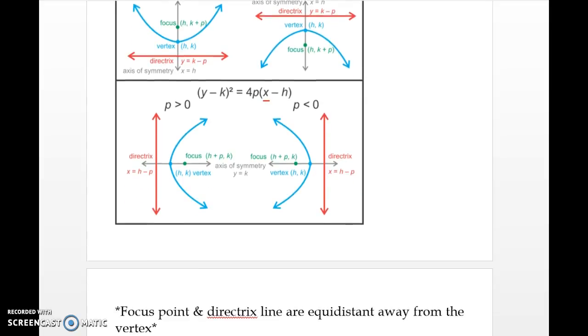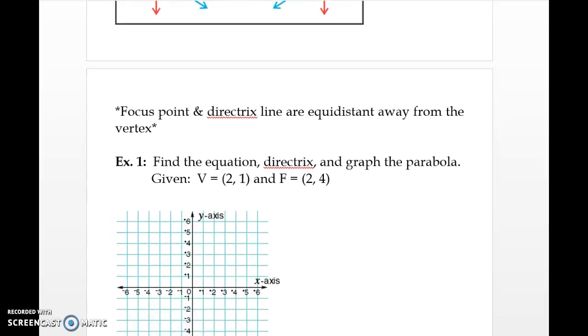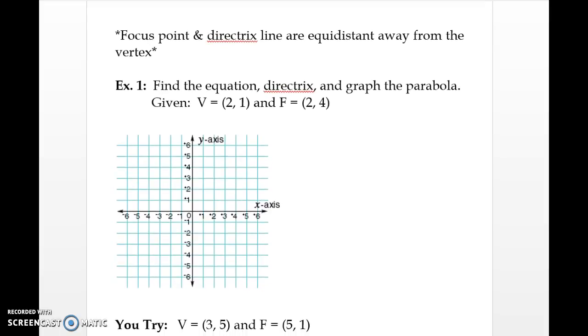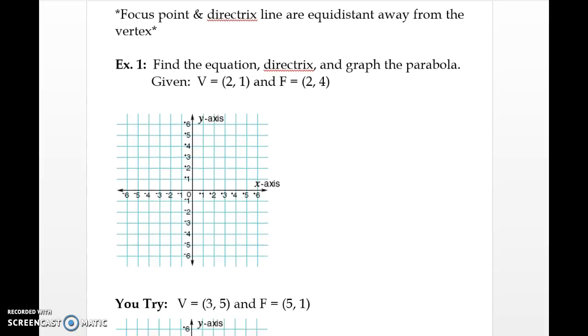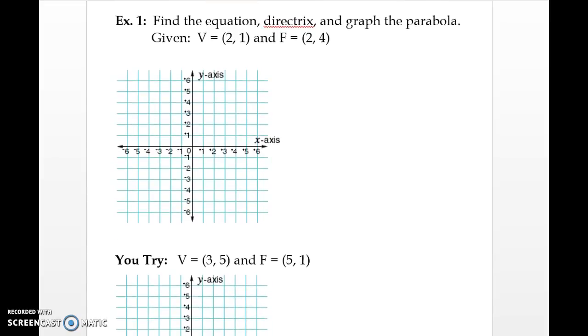Okay. And your focus and your directrix are equally distant away from your vertex. So one is in front and one is behind. So example 1 says, find the equation, directrix, and graph the parabola, given that your vertex is (2, 1) and your focus is (2, 4).